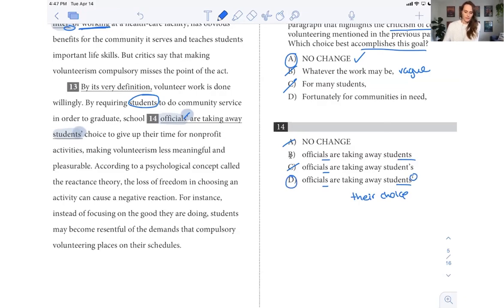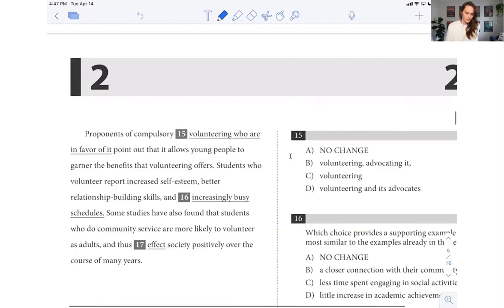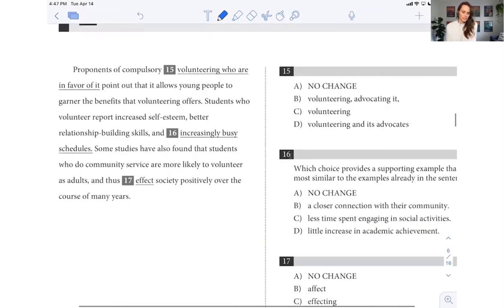For number 15, proponents of compulsory volunteering who are in favor of it. Ooh, so I immediately see there's an it. And I cross out things that I don't like. You can see that's how I do every single question. And the reason I do that is sometimes every answer choice has things in it that I don't like. This is something that could happen to you.